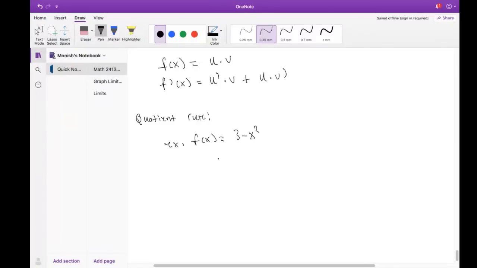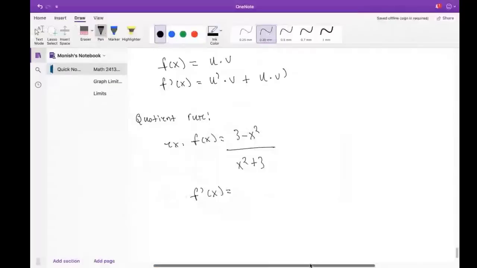So for quotient rule, 3 minus x squared over x squared plus 3. Okay, and then somebody tell me how I would solve this one. Yeah, so you take the lower function and you multiply that by the derivative of the upper function.